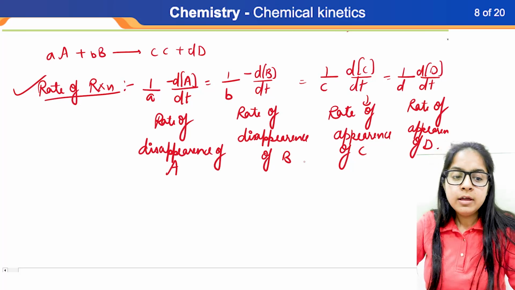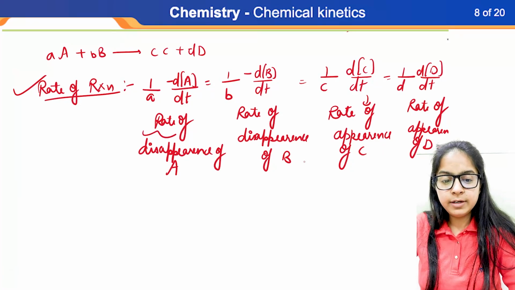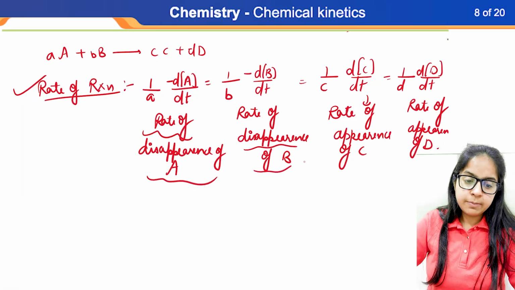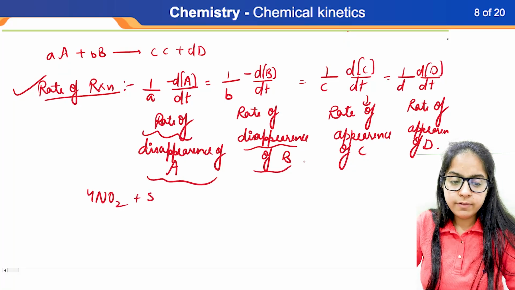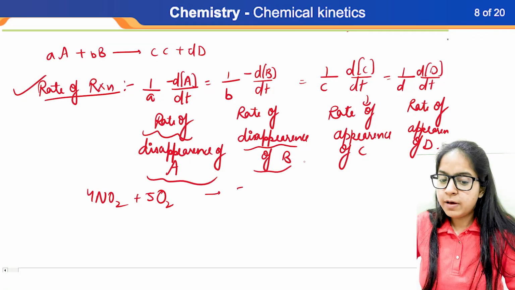Now, I have told you how to write the rate of reaction if we have the rate of disappearance of A and the rate of disappearance of B, and something of this kind. Suppose I have this one, 4NO2 plus 5O2 giving 5NO2.